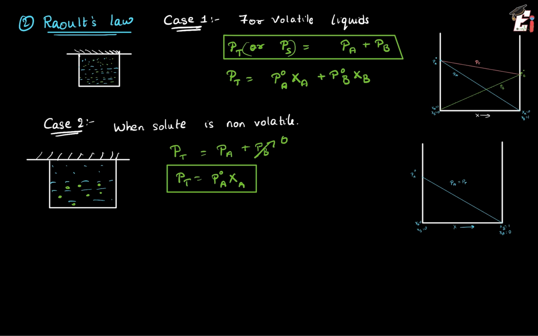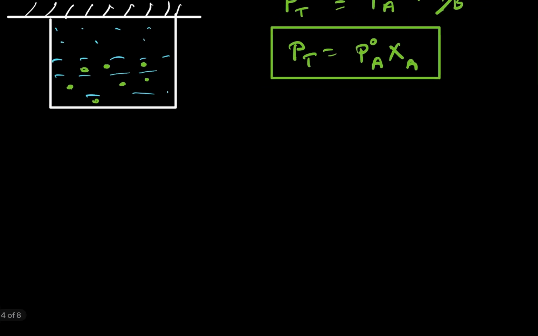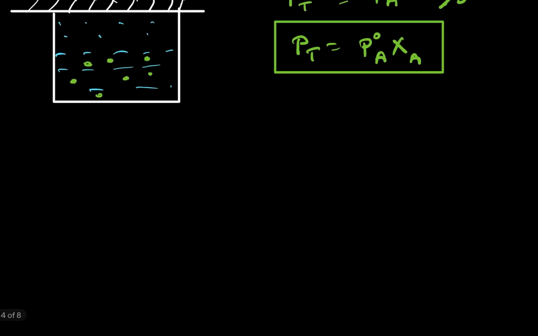Now let's write the difference between ideal and non-ideal solution. So what are ideal solutions and what are non-ideal solutions? Basically, ideal solutions are those which obey Raoult's law, and those which do not obey Raoult's law are known as non-ideal solutions.